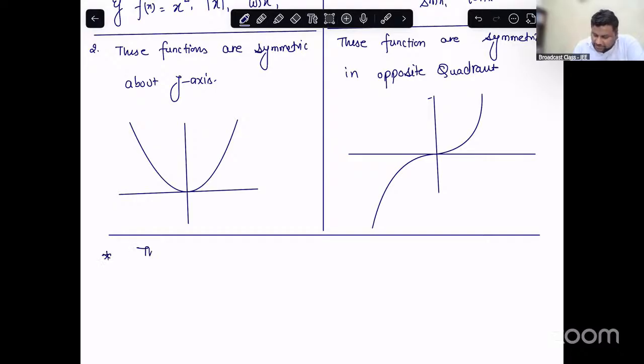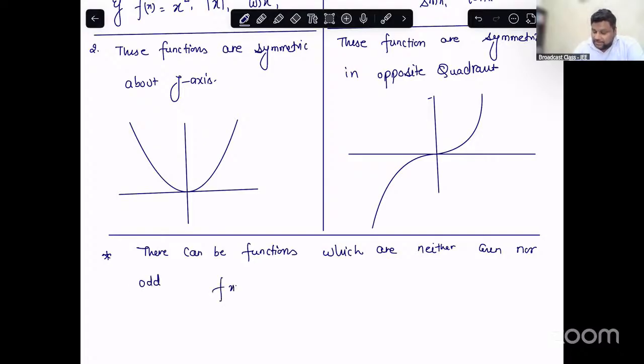There can be functions which are neither even nor odd.